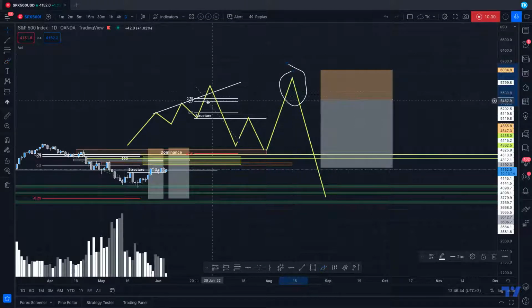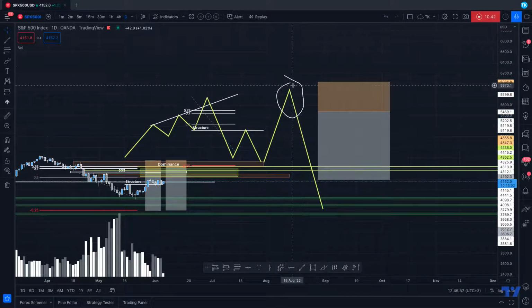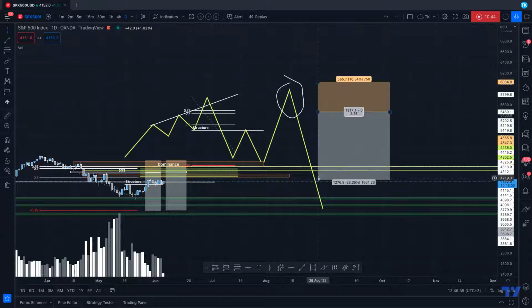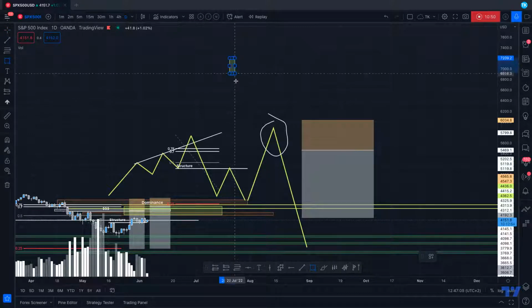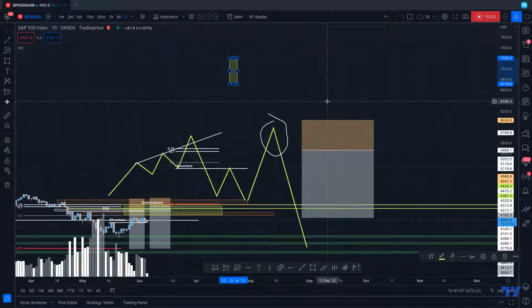But when you see the wolf wave pattern and a break, stop hunting, liquidity grabbing, and then the re-entry of the zone with an engulfing, it means that the manipulation is on.